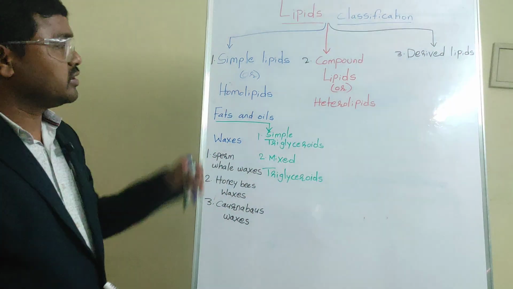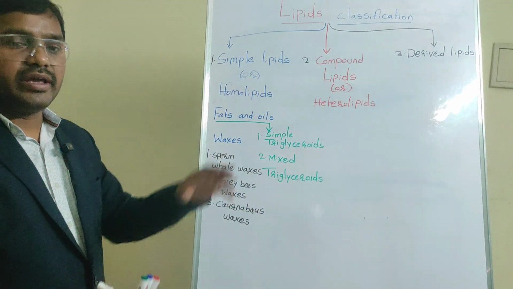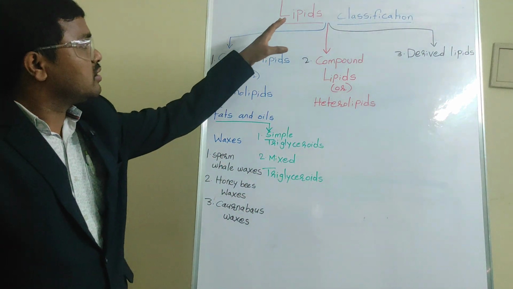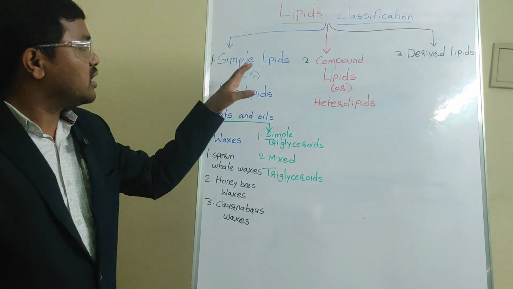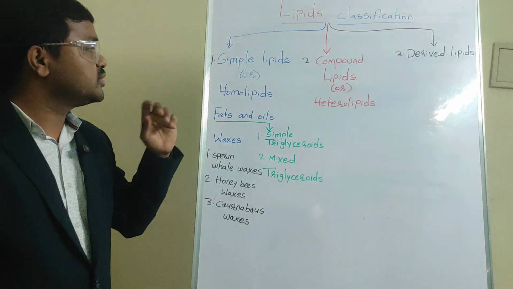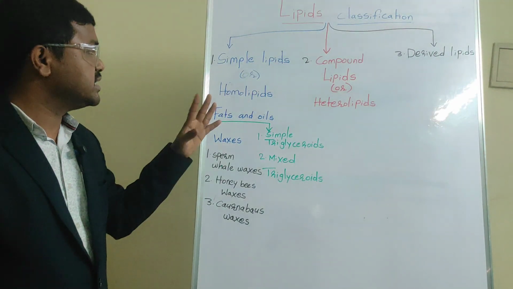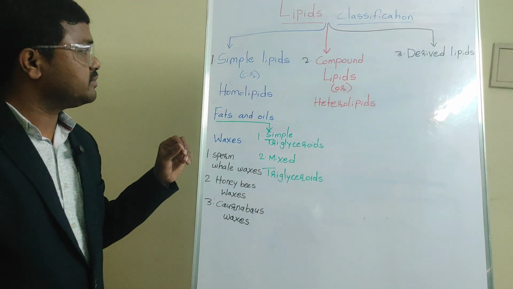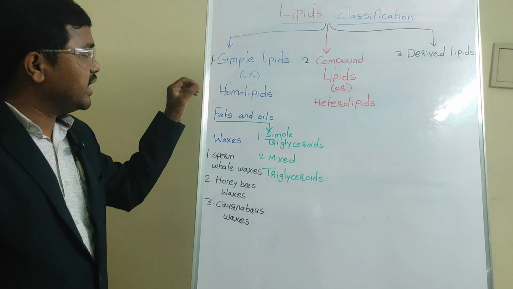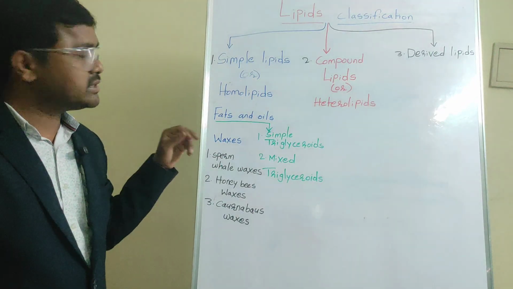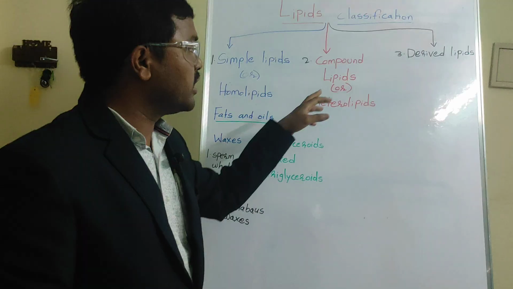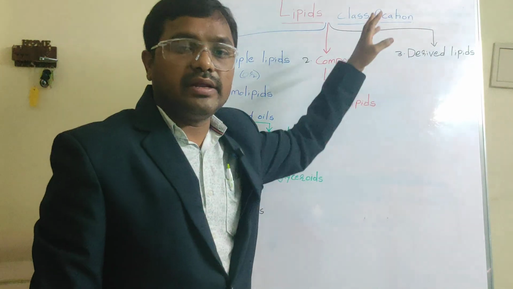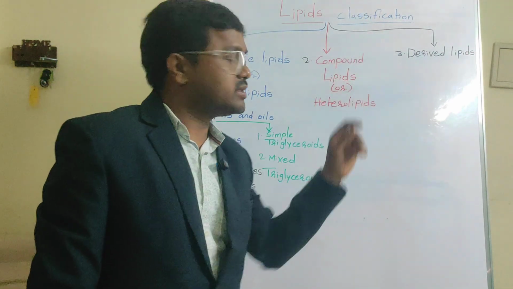Once again I will explain. Here we are studying lipid classification. Lipids are classified into three different types based on their nature: simple lipids or homolipids, compound lipids or heterolipids, and third one is derived lipids.